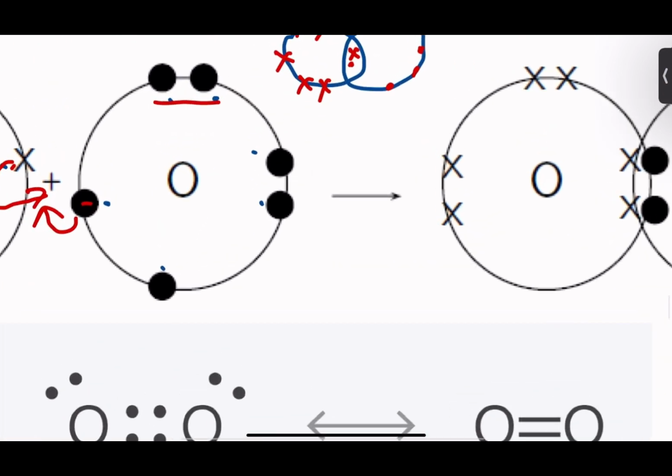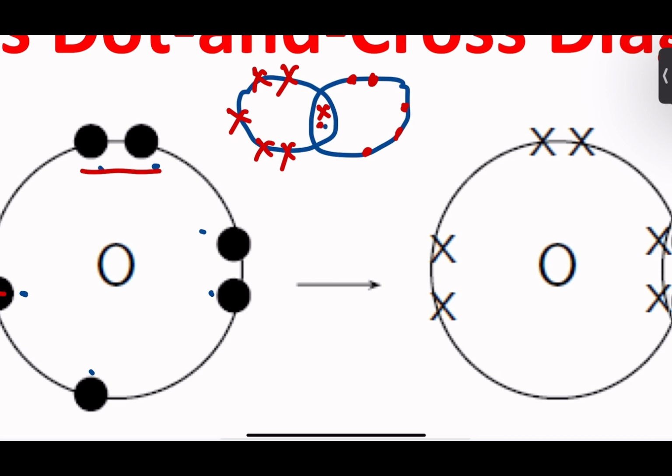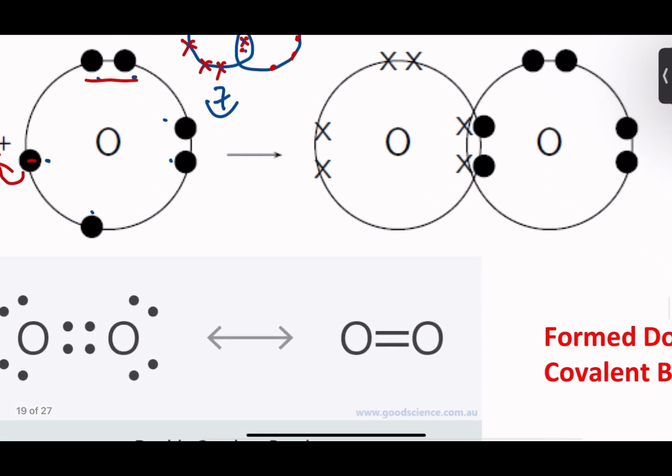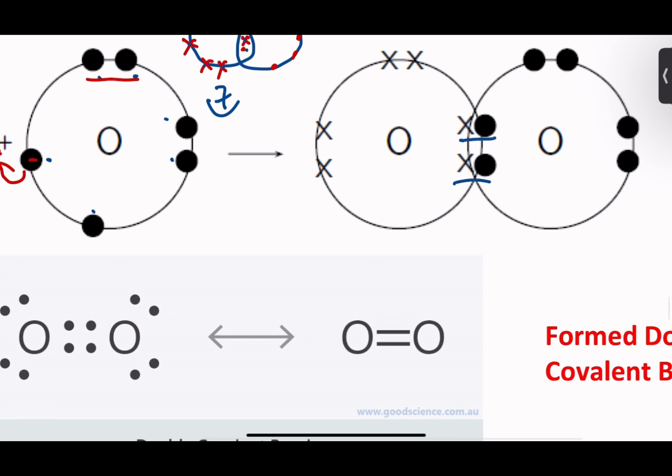Now let's count the number of electrons. 1, 2, 3, 4, 5, 6, 7. It's not octet completed. So I need to share 1 more, and this one needs to share 1 more. So when they share 1 more, you see they each shared 2 now.